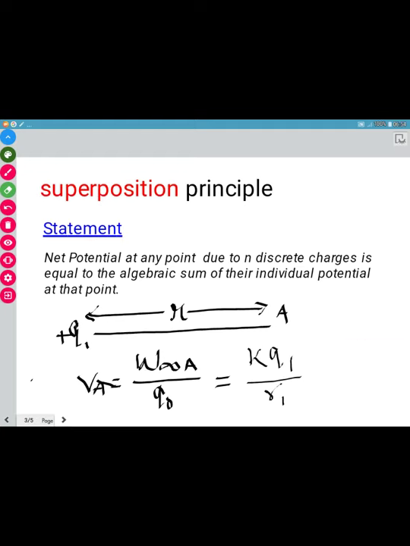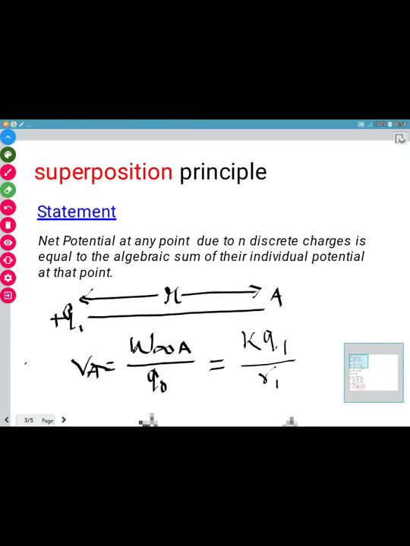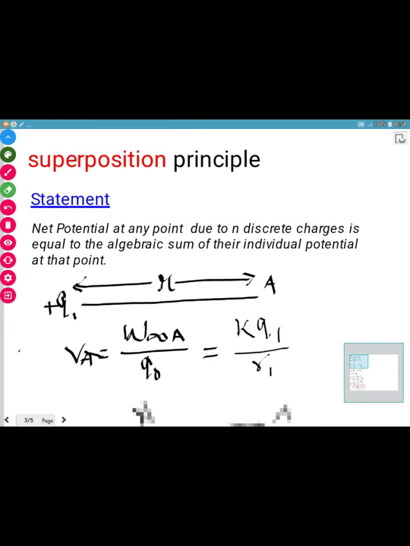First of all, we will see the statement. According to the statement, the superposition principle is basically used to find the potential at any point due to more than two charges.